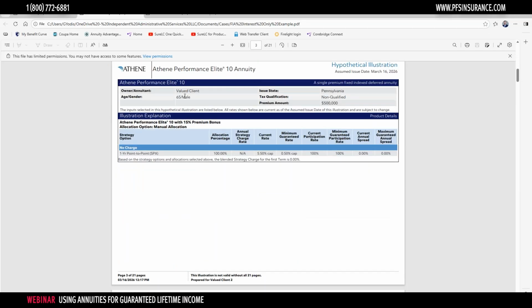So if you see here, we just used the same client, age 65, and non-qualified money, 500,000. We put it in, you can always put it in multiple indexes if you want to diversify, but for simplicity's sake, we just put it in here at the 1-year annual point-to-point S&P 500 index, 100% into that. The current cap on there is 5.5%.